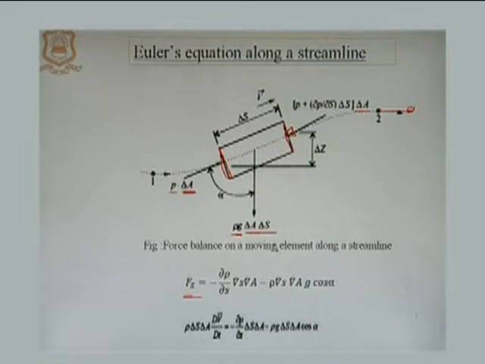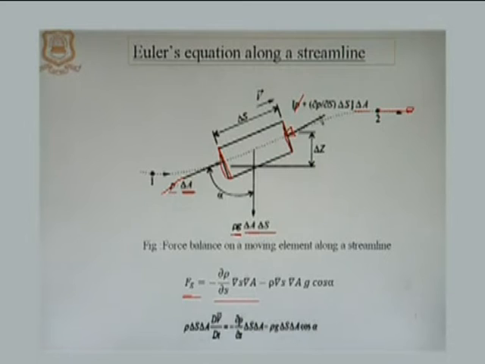this minus this will be equal to, P will be cancelled, and it will be minus del P over del S into delta S into delta A, this term. This is acting in negative S direction.